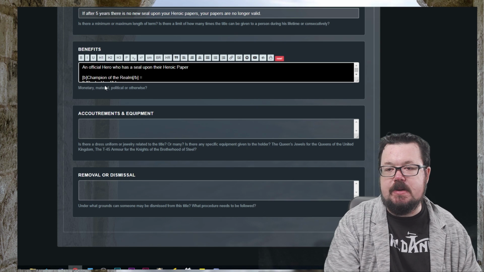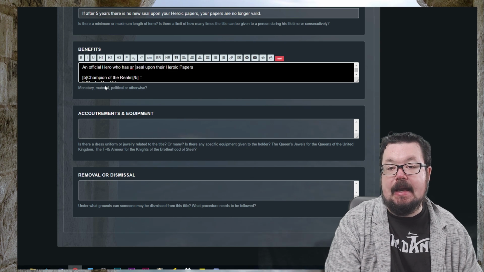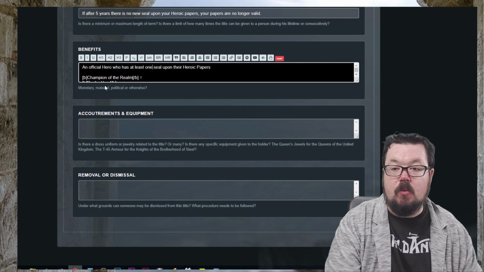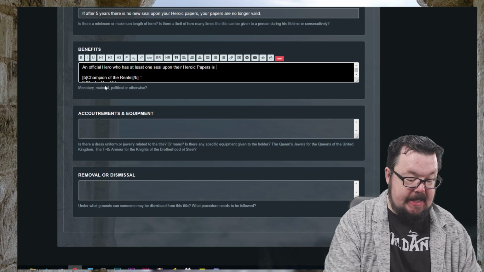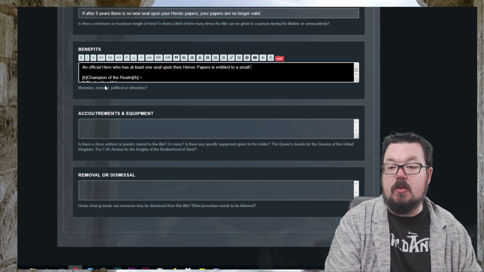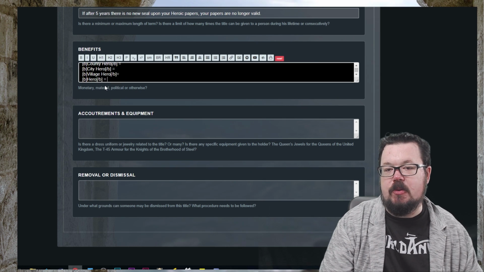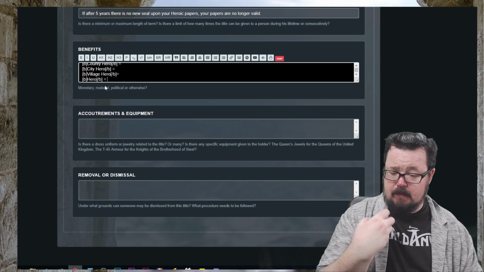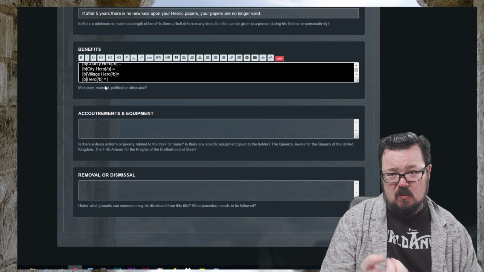Upon the heroic papers, a hero who has at least one seal is entitled to a small salary per month to resupply gear. I think that's important.